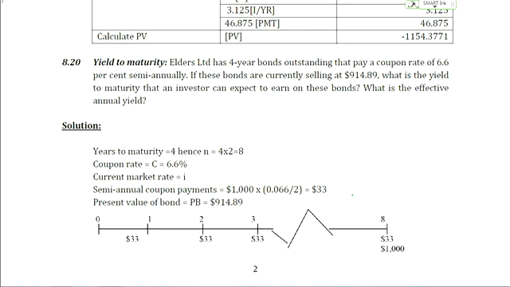I want to talk about 820. It is a new question for you. So this question asks you to calculate the yield to maturity. So what is the yield to maturity basically? The yield to maturity should be understood as the discount rate, okay?